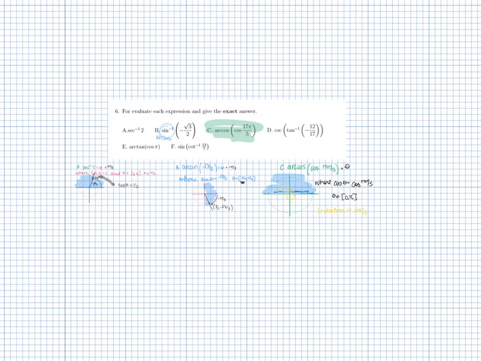So 17 pi over 5 is going to be somewhere down here in quadrant 3. So we can assume it's going to be somewhere down in here is where we would finish that up. So we know then some information. What do we know? We know that because this is in quadrant 3, cosine of 17 pi over 5 is going to be less than 0.